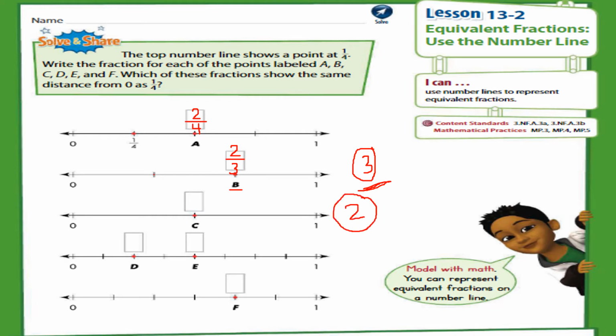Okay, so at C, this is the first part, so my numerator will be... excellent, 1, and my denominator will be... bravo, 2. Very good. And likewise, you have to solve or find the missing fractions on the fourth and fifth number line.